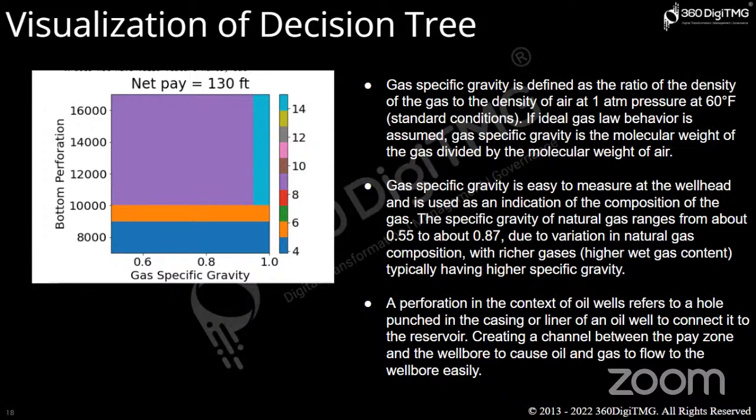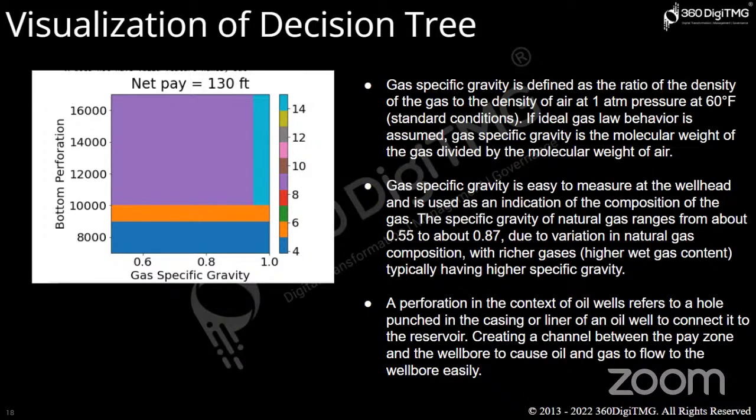These are a few conditions that we have here. If we follow the ideal gas law behavior, it is assumed that gas specific gravity is the molecular weight of the gas divided by the molecular weight of air. So the gas specific gravity is very important when we are calculating the gas density.